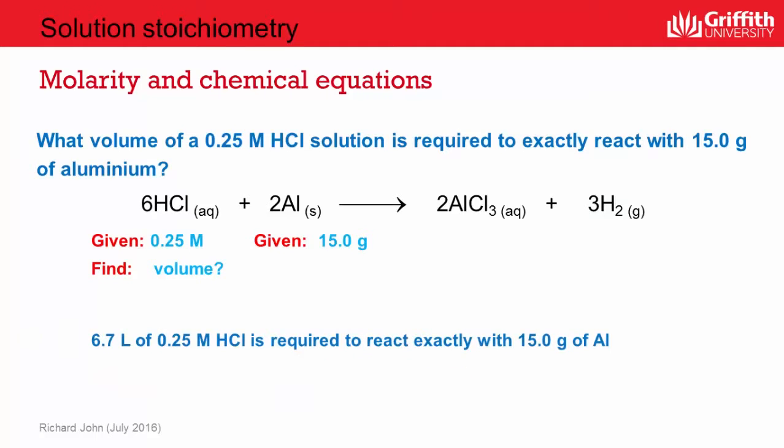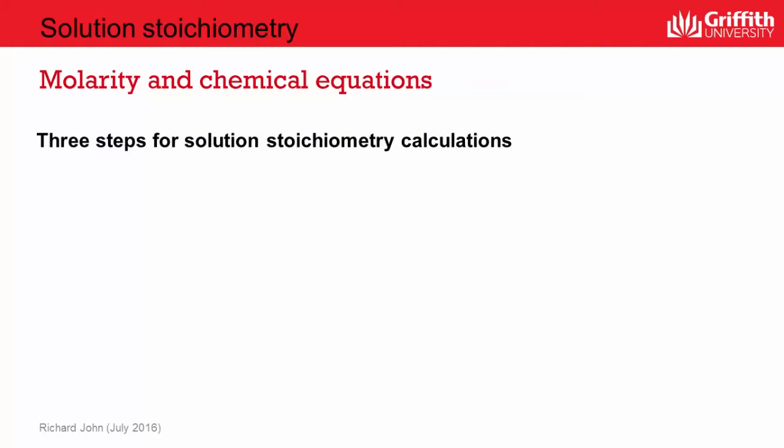So in summary, 6.7 litres of 0.25 molar hydrochloric acid is required to react exactly with 15 grams of aluminium. Now just remember, each of these solution stoichiometry problems, there are 3 steps that we need to go through.